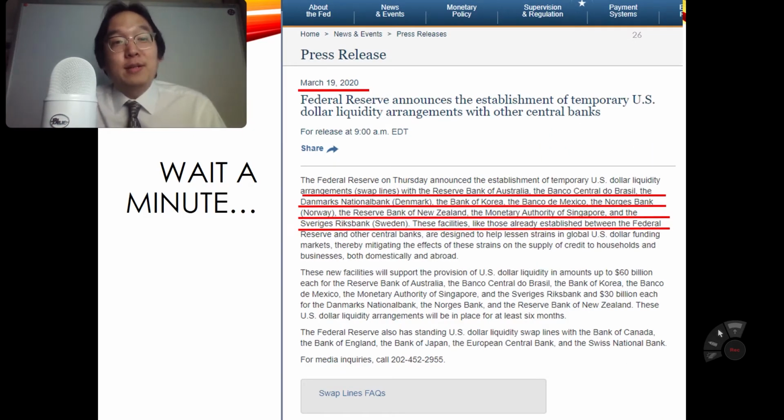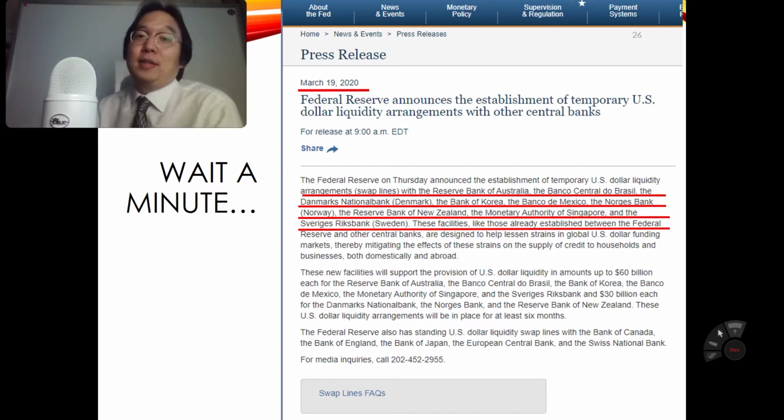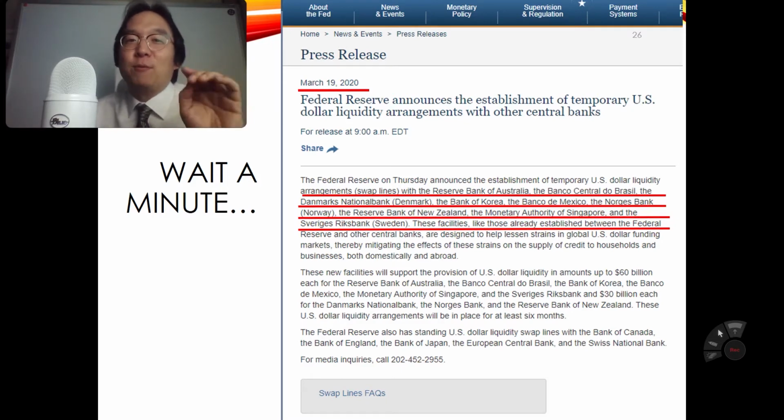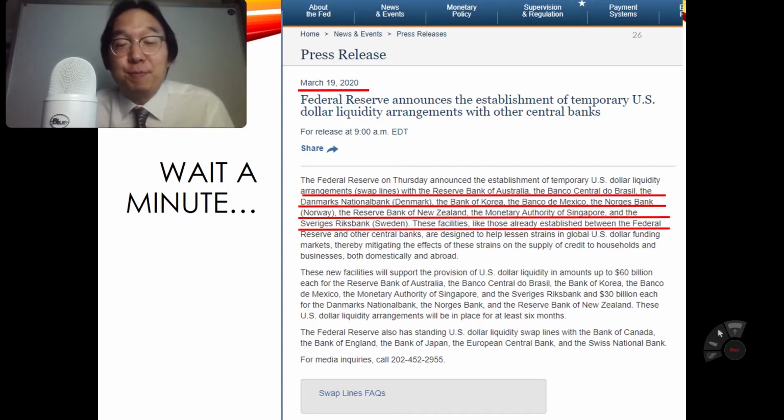But wait a minute. Getting back to that announcement, which was made on March 19th, was Korea the only country that the U.S. Central Bank said, let's do a currency swap, so that we stabilize your currency? Or your currency stabilizes mine the other way around, that could be possible. Anyway, make sure to visit the press release website of the Federal Reserve Board. Here we see the press release on that day.